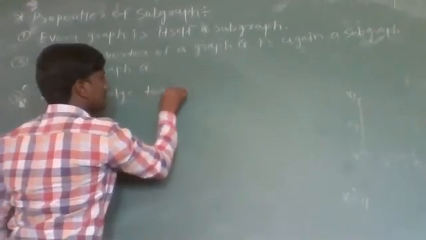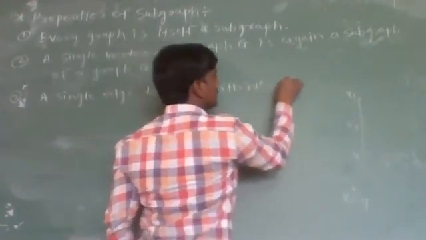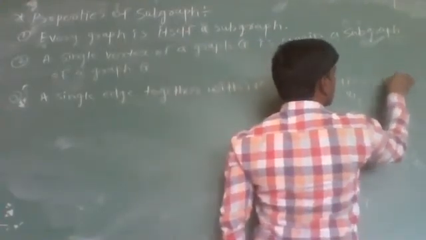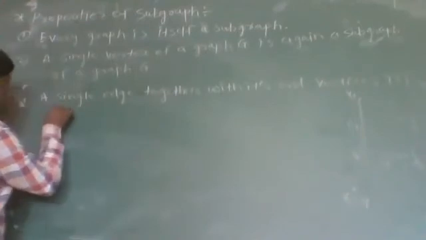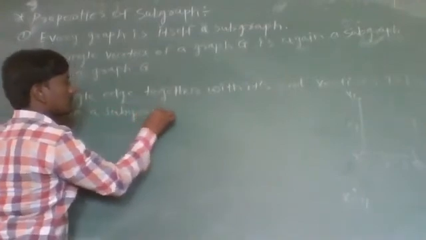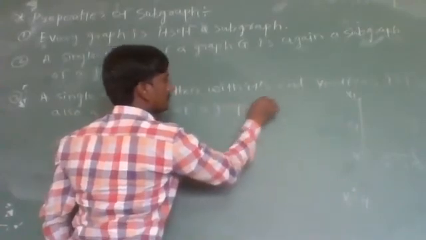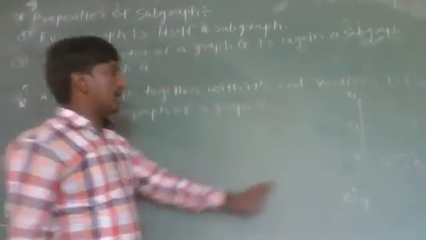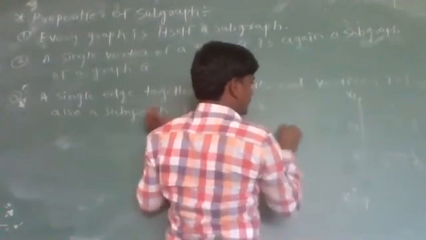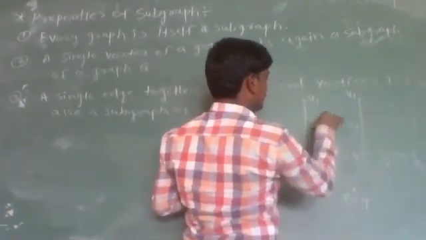Third one is a single edge together with its end vertices is also a subgraph of a graph G. Here is graph G. Now if we take E1 with its end vertices V1 and V2, this one is V1, V2 and this one is edge E1.